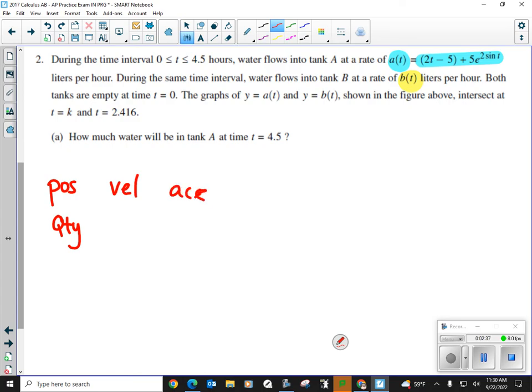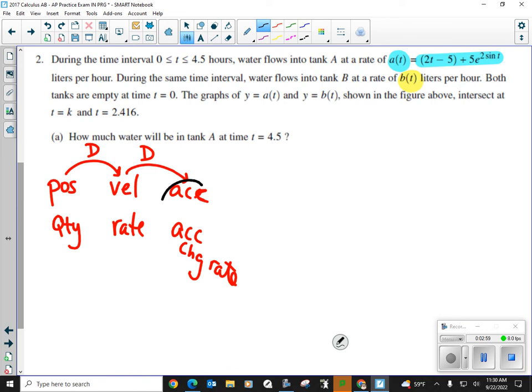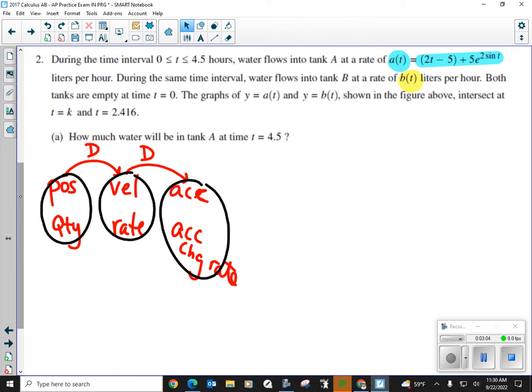Then there's quantity, the rate of that quantity, and the acceleration, or the change of the rate. These are all one derivative away from each other. Moving to the right, we're one derivative, D for derivative, away. But when we move backward, we are going to the opposite of derivatives. I would have to integrate to get here, and I would have to integrate to get here.